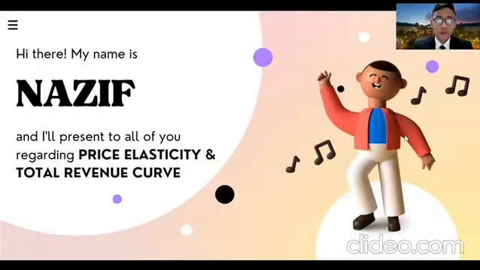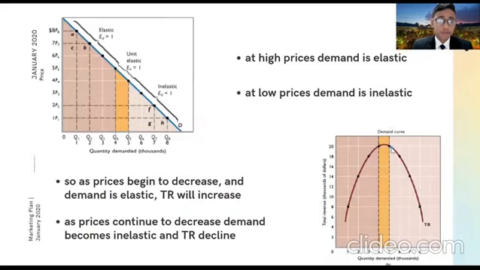My name is Mohamad Nazif Imran bin Muhammad Ikhranizam, and I'll present to all of you regarding the price elasticity and total revenue curve. As you can see, the top one represents the demand curve, and the bottom one represents the total revenue curve.